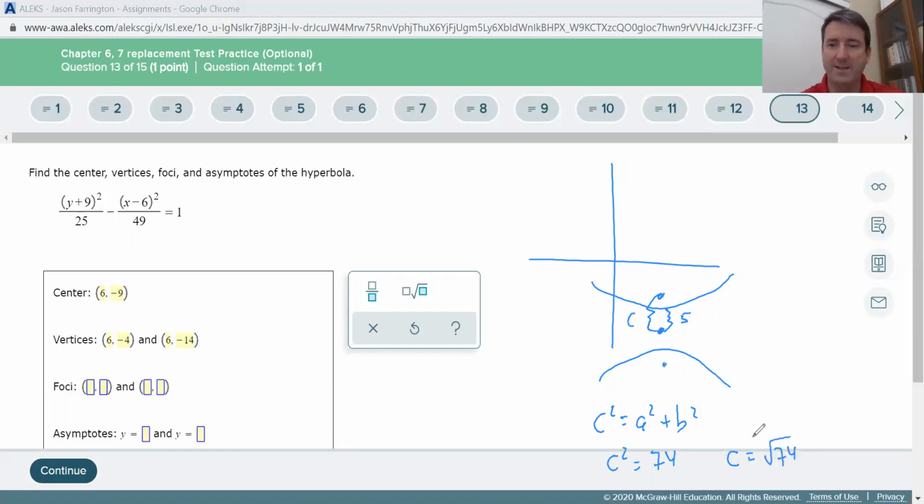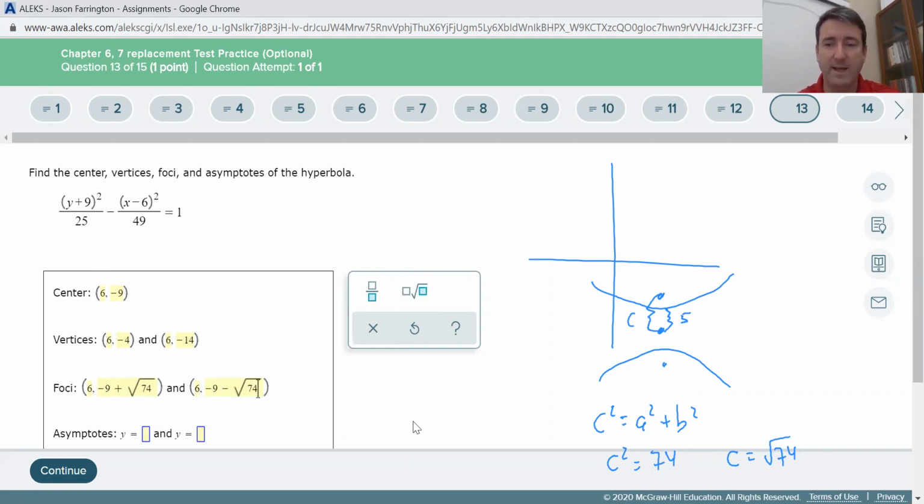And we're going to add and subtract that from our y coordinate, just like we did for the vertex. The x will stay the same, 6, and now this is going to be -9 plus the square root of 74, and this will be 6 and -9 minus the square root of 74.